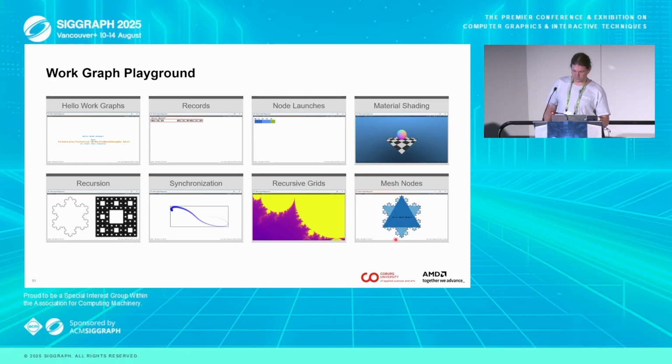For those who want to dig deeper into mesh nodes, we have a very nice mesh nodes tutorial where you learn how to use mesh shaders and everything that comes with it. Everything is well documented in the comments, and we have accompanying markdown files with links and all the background information that you need. Personally, I found the records tutorial the most challenging, but once you have gotten over it, everything gets easier in my personal opinion.